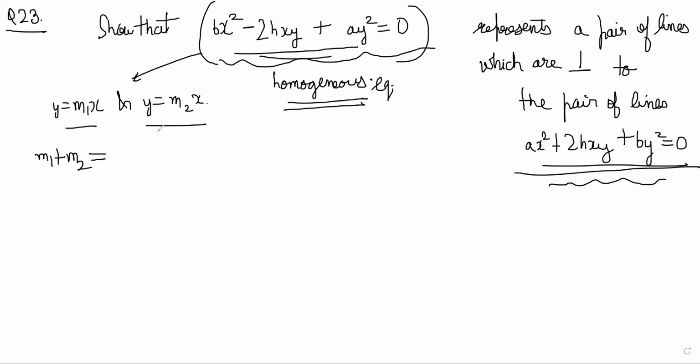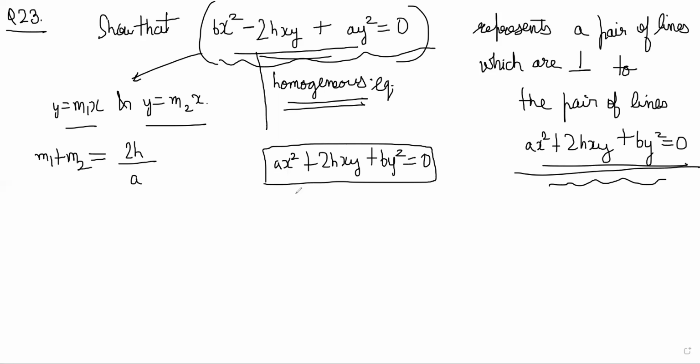So it will be 2h by a here. Why am I saying 2h by a? Think about it. Our standard formula was this, right? For the two-degree equation, we used to say m1 plus m2 should be equal to minus 2h by b.